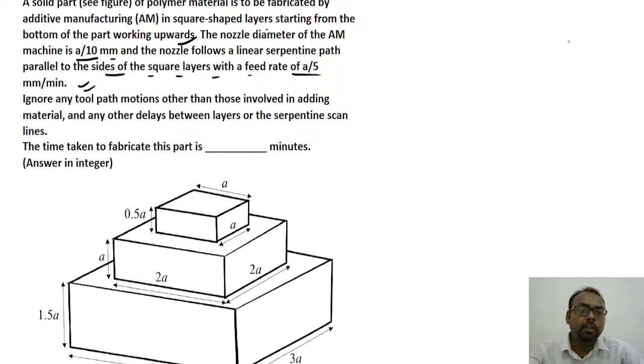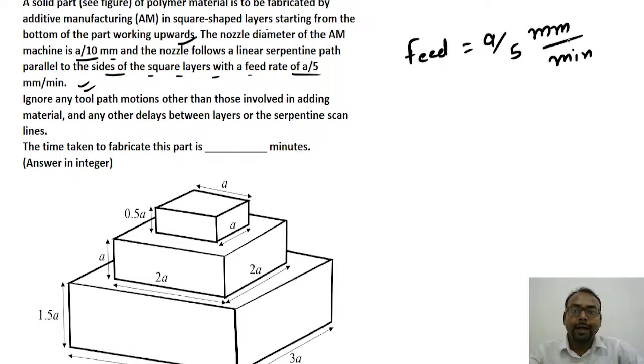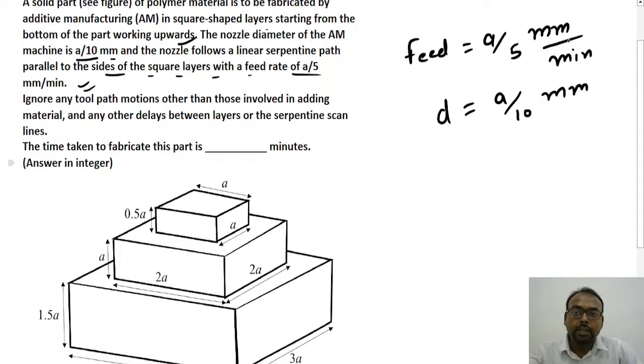So basically we have given the feed value, which is A by 5 per minute, and the nozzle diameter value is A by 10. Now we have to find out the time taken to fabricate this part in minutes.